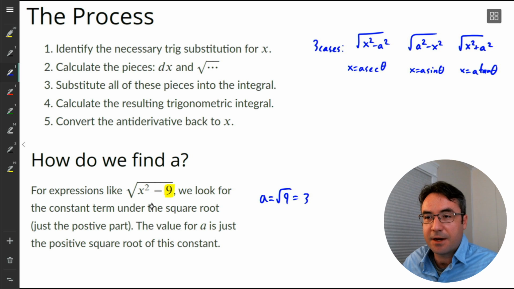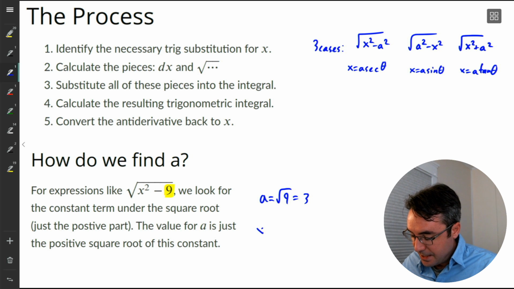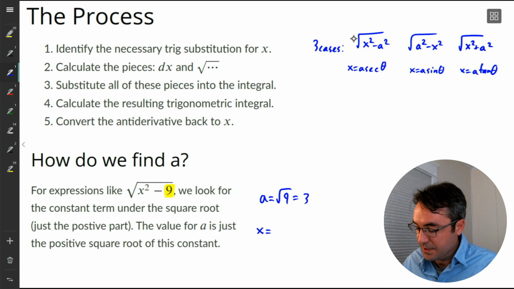So if this was our square root expression, what we would end up choosing for x is, what is it? It's this case right here, x squared minus something squared. So we'd let x equal 3 times secant theta.